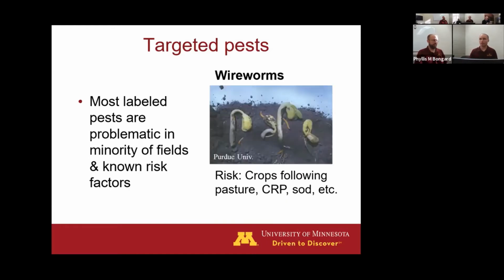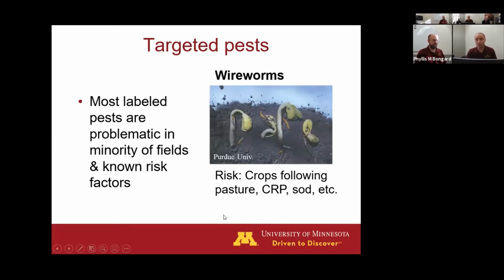The next pest is wireworms, and these are the larvae of a kind of beetle called click beetles. You can see them in this picture here, these brown larvae. They've got kind of a harder exoskeleton than most larvae we're familiar with. And again, typically wireworms are not widespread pests, but under certain conditions, the risk is higher.